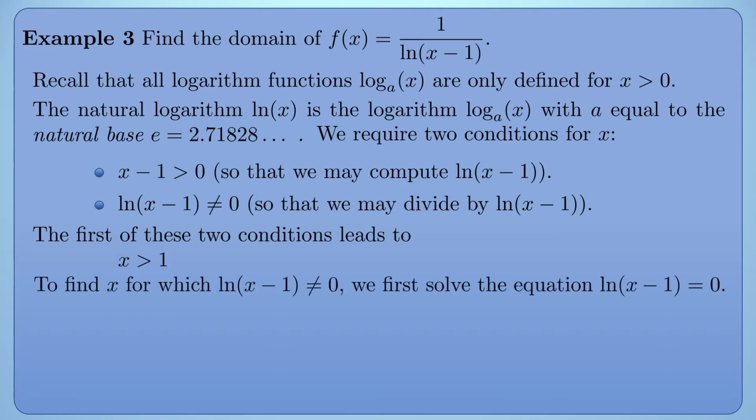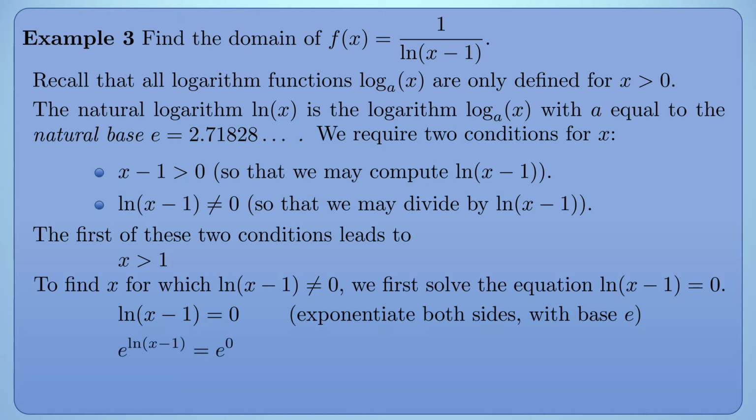To evaluate the second condition, meaning to find those x for which ln of x minus 1 is non-zero, we first solve the equation that asks when is the natural logarithm of x minus 1 equal to 0. To solve this equation, we exponentiate both sides with base e. That is, we transform the equation which says the natural logarithm of x minus 1 is equal to 0 to the equation that says e to the power of the natural log of x minus 1 equals e to the power 0.